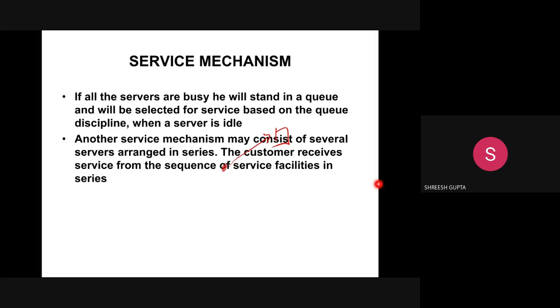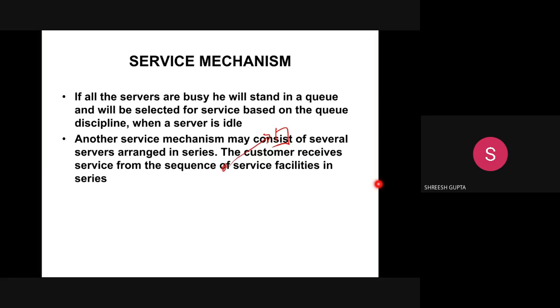Then the officer returns the check to the clerk again. After that the customer gets the money. So here you are getting the service in a series channel. So we can have multiple servers in series also. That type of queue is known as a tandem queue.